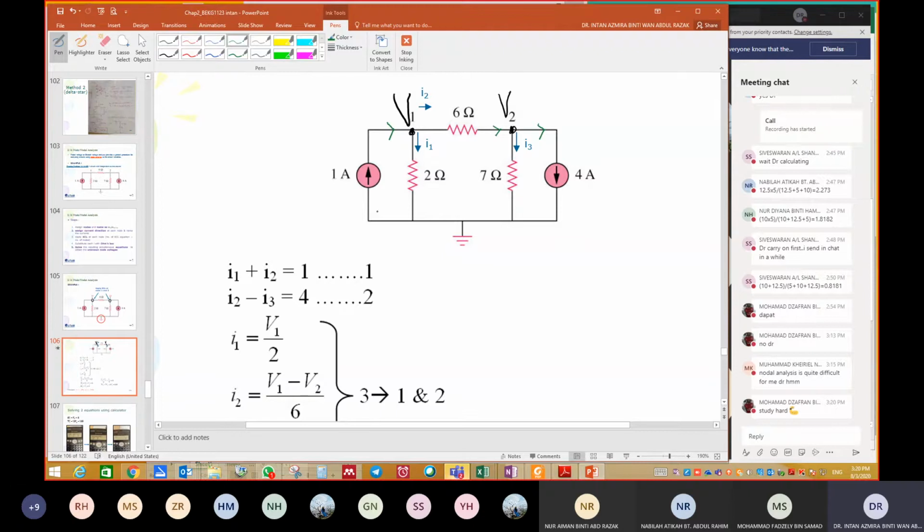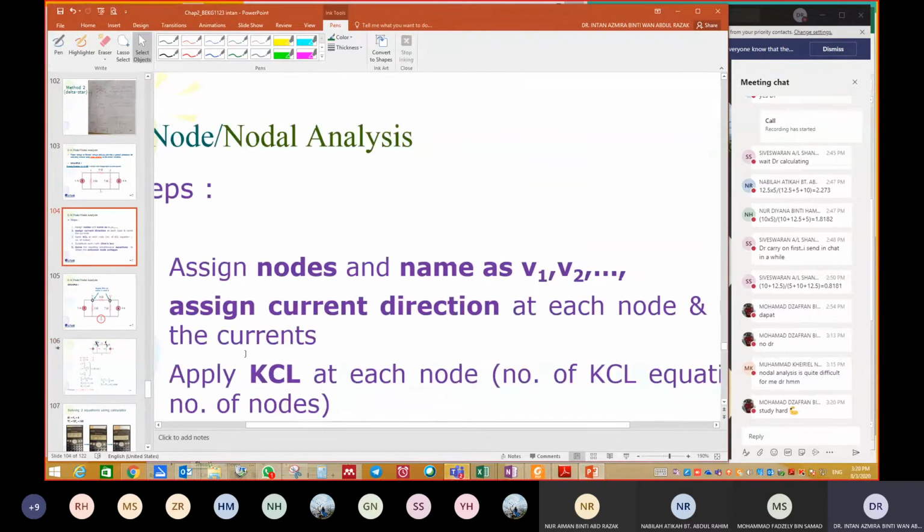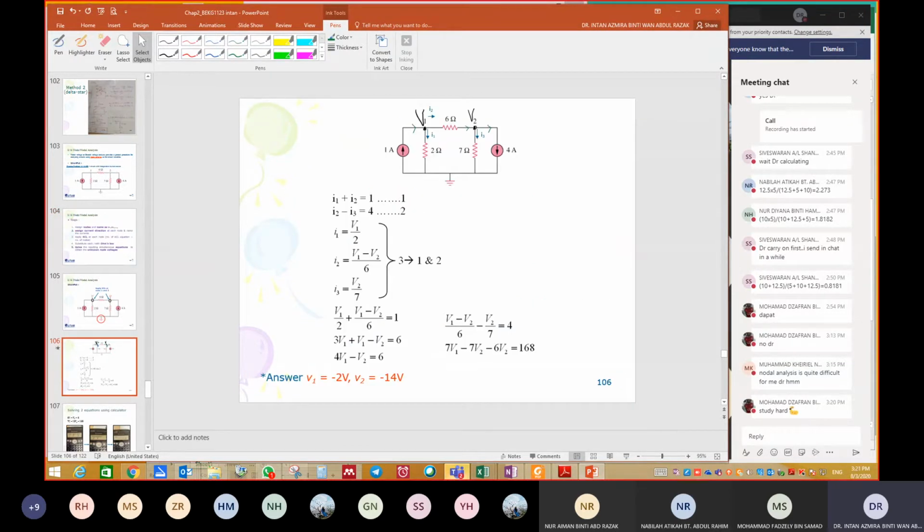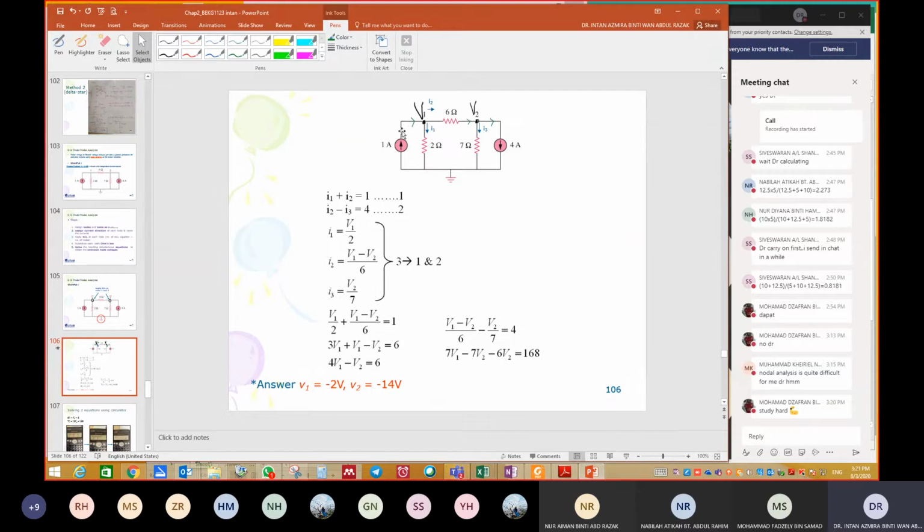Now the next step is to apply KCL at each node. Since we put the direction of current, now we write the KCL. KCL states that current entering the node equals current leaving the node, or current leaving the node equals current entering the node, up to you.